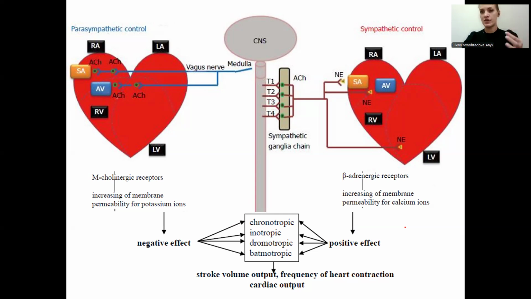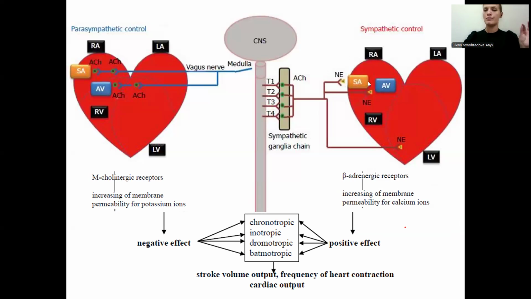When we have activation of the sympathetic system during stress, physical activity, emotional stress, or anything going on with our body, the sympathetic nerves influence the conductive system of the heart.